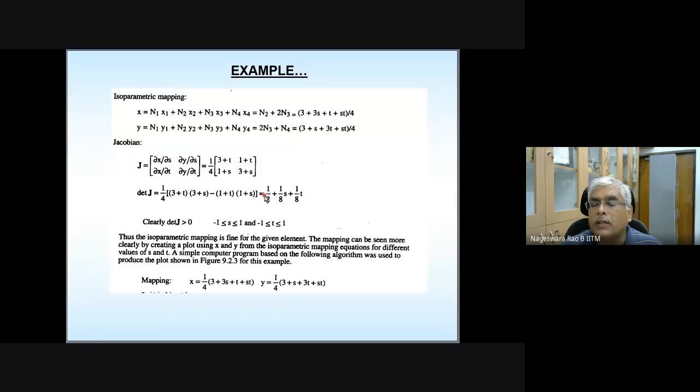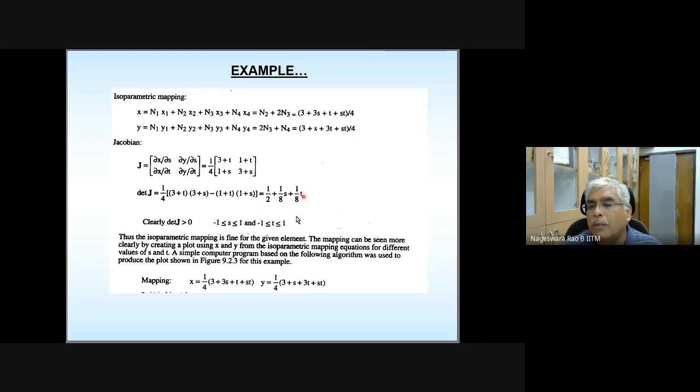And determinant of Jacobian happens to be linear in S, linear in T, and you can easily verify whether between S is equal to -1 to 1, whether determinant of J is greater than 0 or not. Okay, so that is what is mentioned. It can easily be verified.